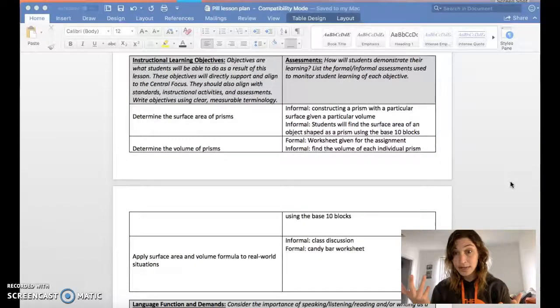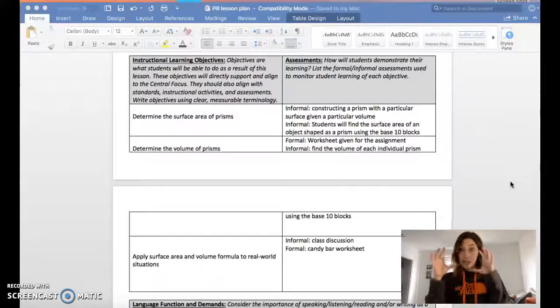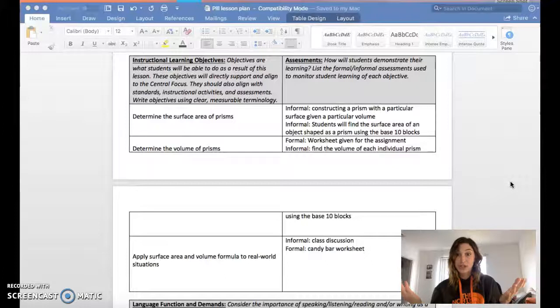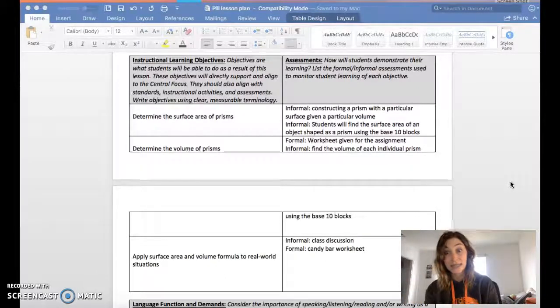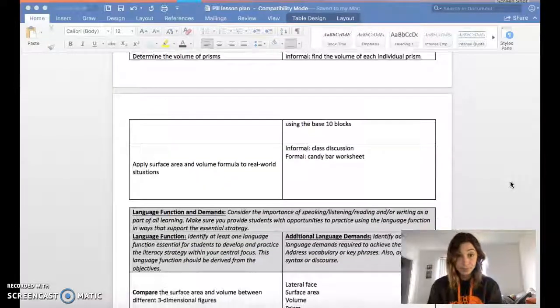The students in my class have already been taught how to find the perimeter and the area of different parallelograms and different 2-dimensional figures. They've also learned how to find the area of a whole shape composed of multiple 2-dimensional figures, which will help them with their understanding specifically of surface area.